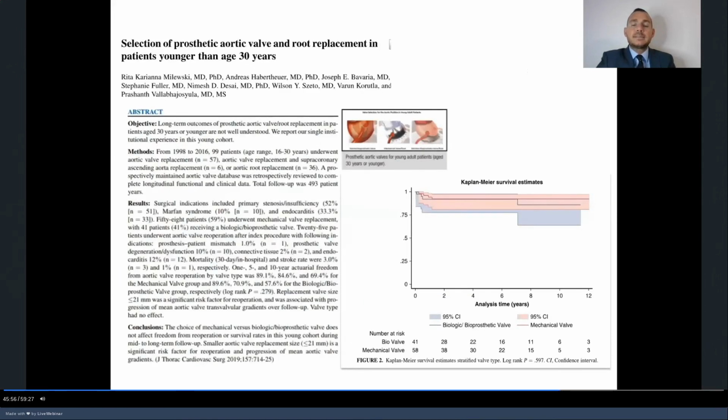But the same trend toward the biological prosthesis is also confirmed in an even younger subgroup of patients, younger than 30 years old.